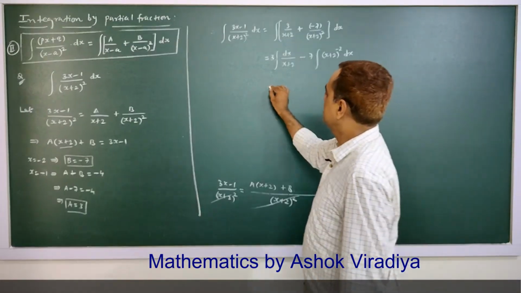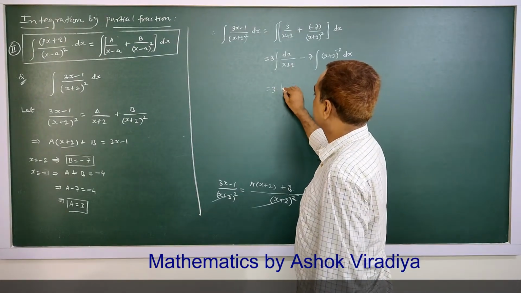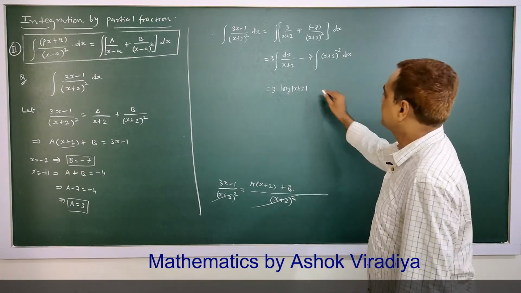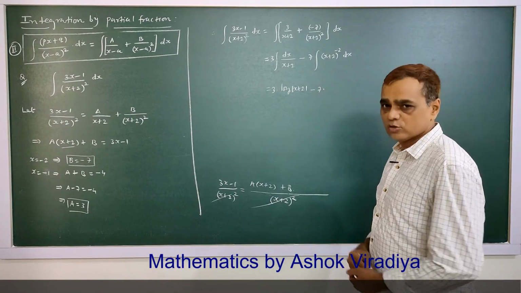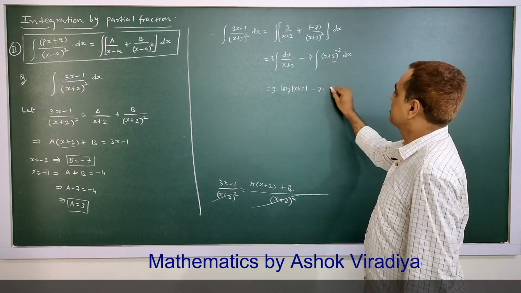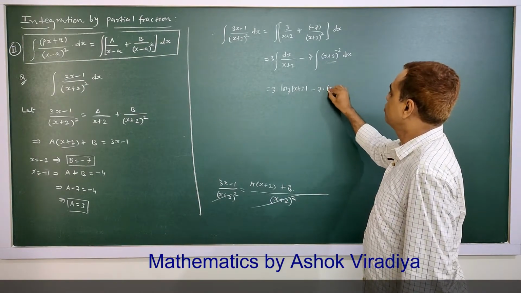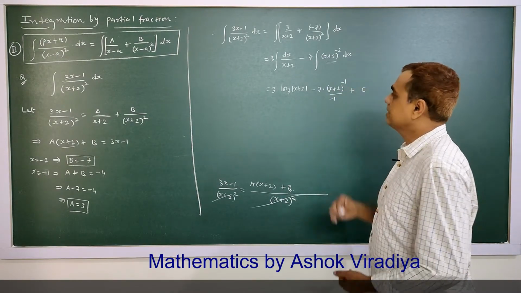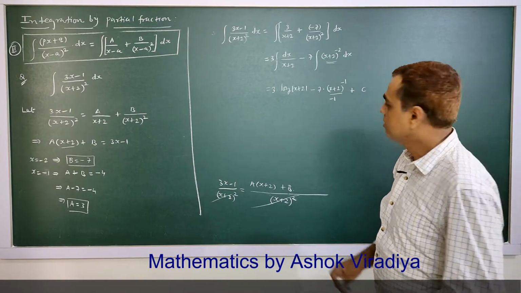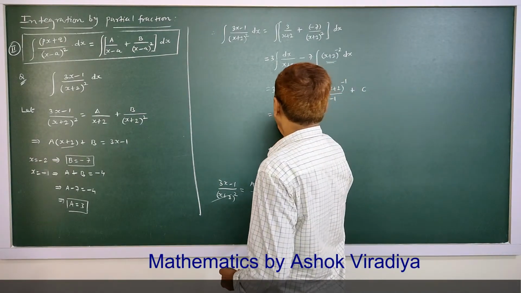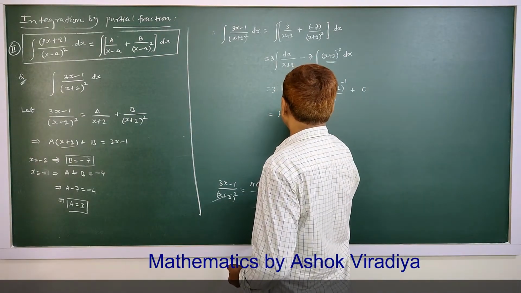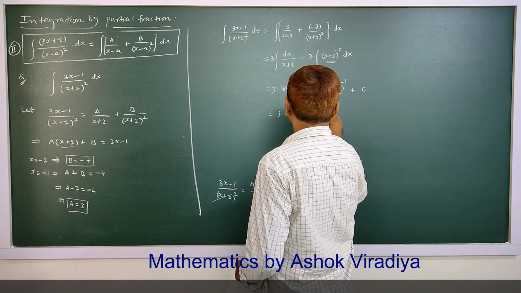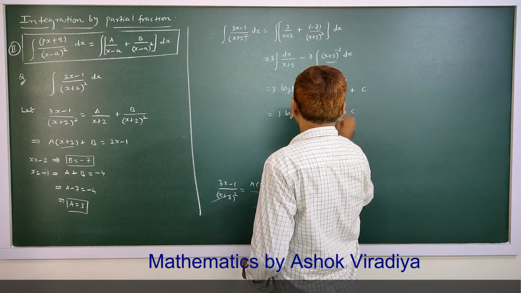That is 3 into, its integral is log of modulus x plus 2, minus 7 into, its integral is x plus 2 raised to minus 1 upon minus 1, plus c. So that is 3 into log modulus x plus 2 plus 7 upon x plus 2 plus c.